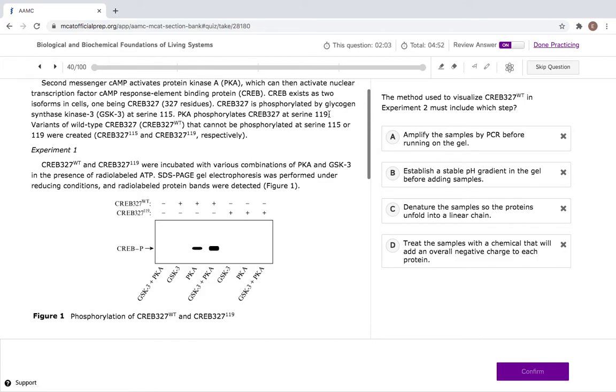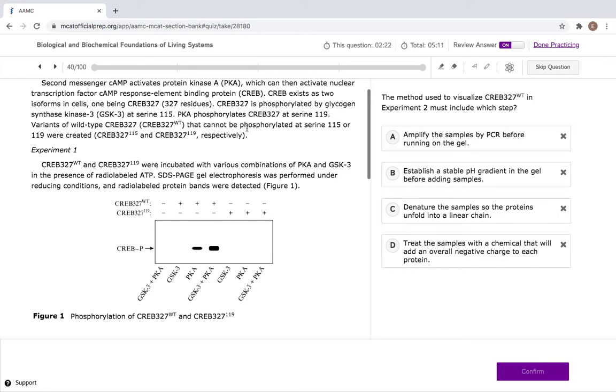It's very important to know that on the MCAT you're going to encounter a lot of these phosphorylations at specific positions. Phosphorylations add a phosphate group, and a protein can be, quote unquote, activated.